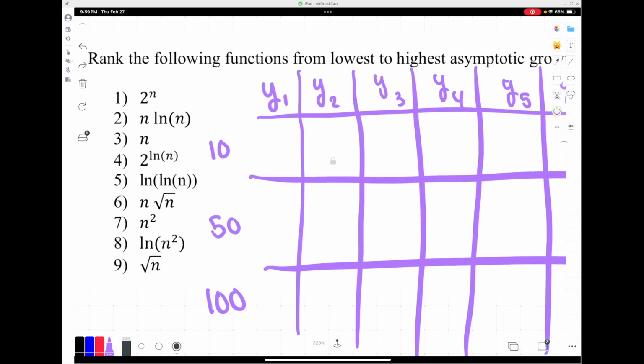And I'm gonna plug in for y1. So 2 to the 10th power. I'm gonna use a calculator for this. That's gonna give me 1024. 2 to the 50 is a very long number. I'm just gonna shorten it and say 1.26 times 10 to the 15th.